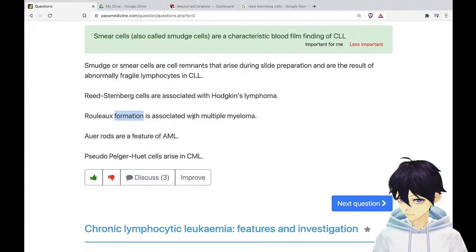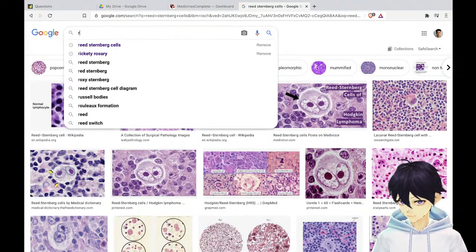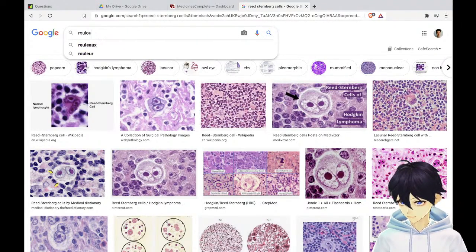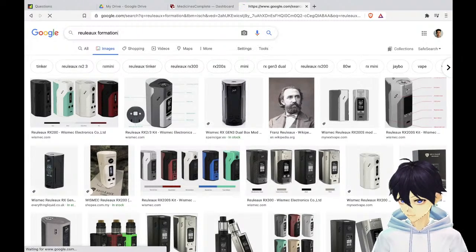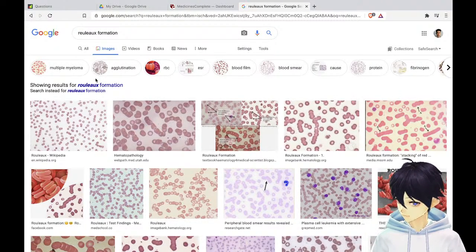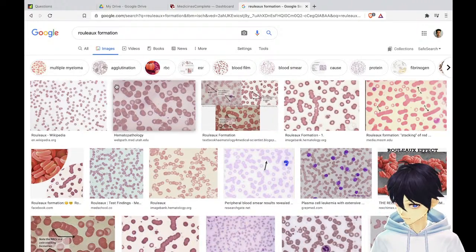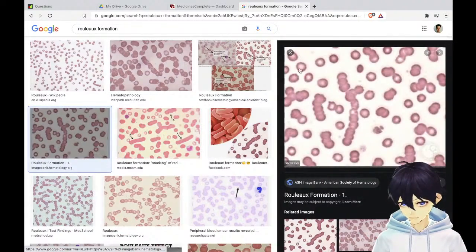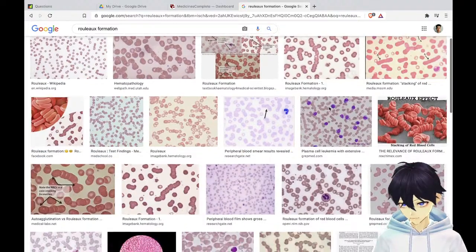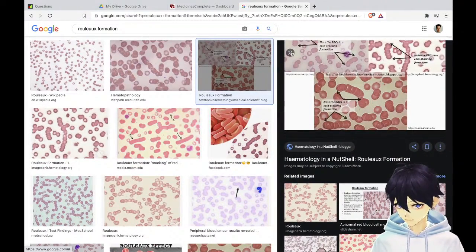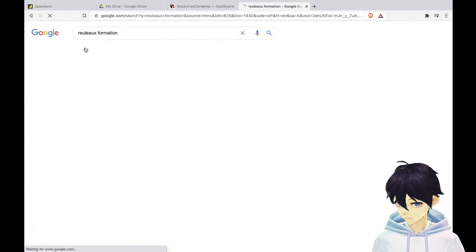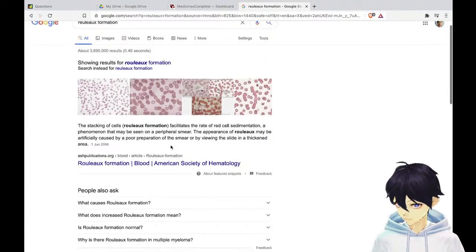Wheeler formation is associated with multiple myeloma. Rouleaux. So they are like red blood cells lining up next to each other. Is there a reasoning behind this happening in multiple myeloma though?